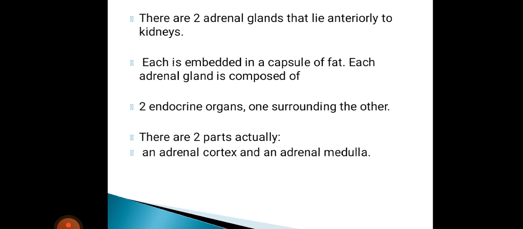Each is embedded in a capsule of fat. Each adrenal gland is composed of two endocrine organs, one surrounding the other. There are two parts of the adrenal gland actually, an adrenal cortex and an adrenal medulla.